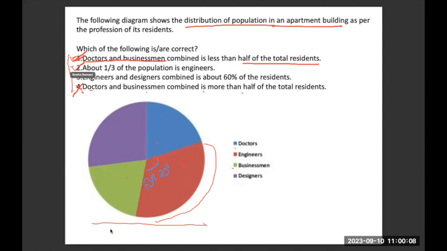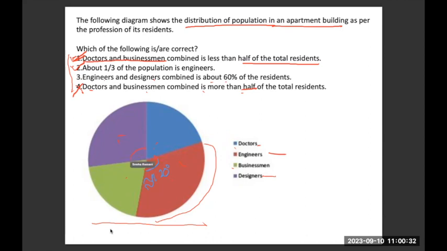The next option, engineers and designers combined is about 60%. Engineers and designers, which is red and purple, make about 60% of the residents, which is roughly true because this is approximately 120.